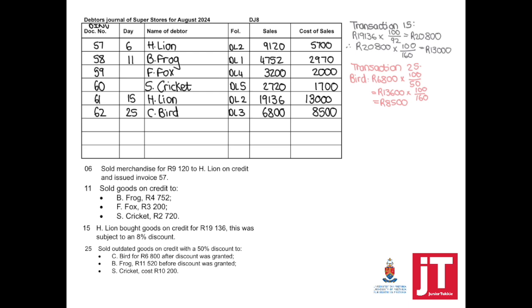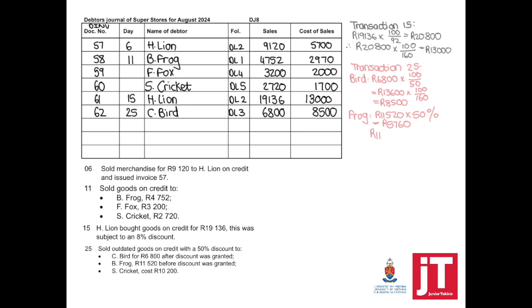Beef Frog, 11,520 before discount was granted. So that's not the selling price that was given to the customer after the discount. This one is a little bit different. We now have to work out 11,520 times 50%.